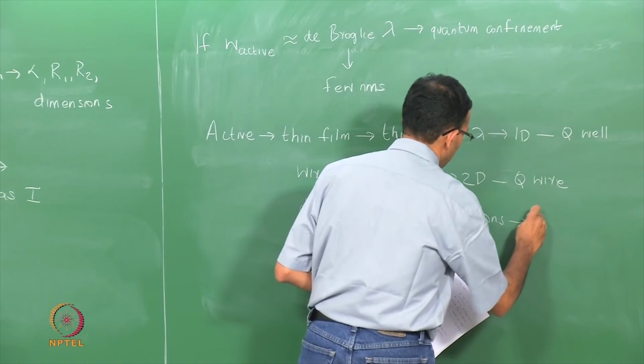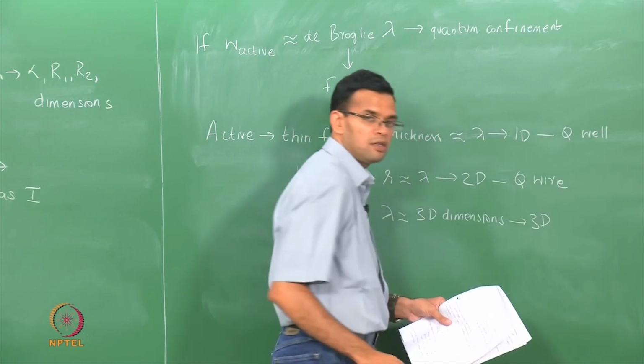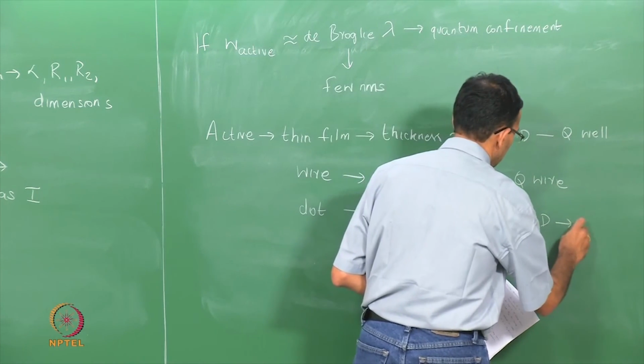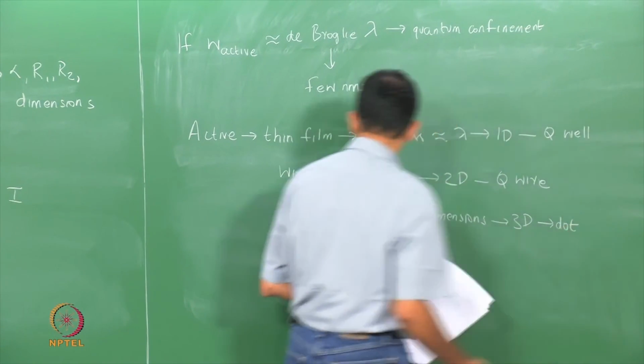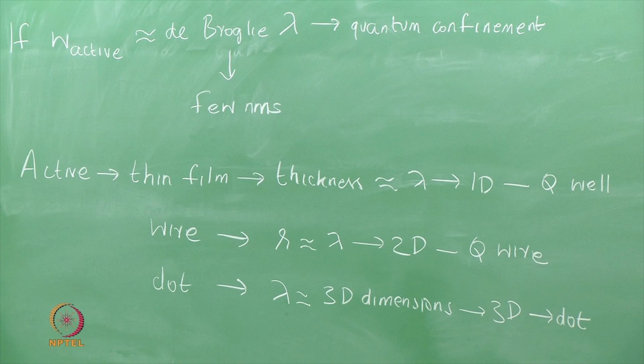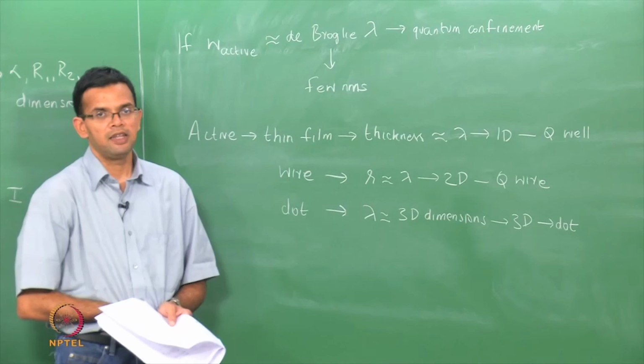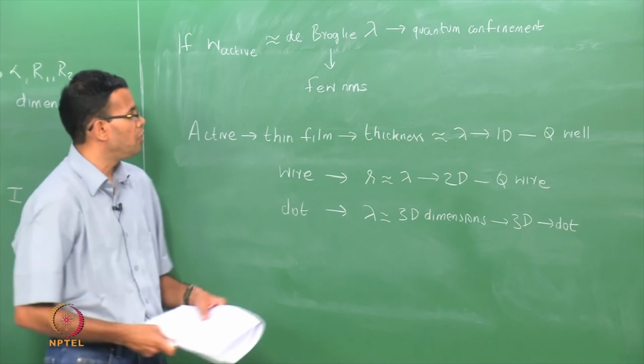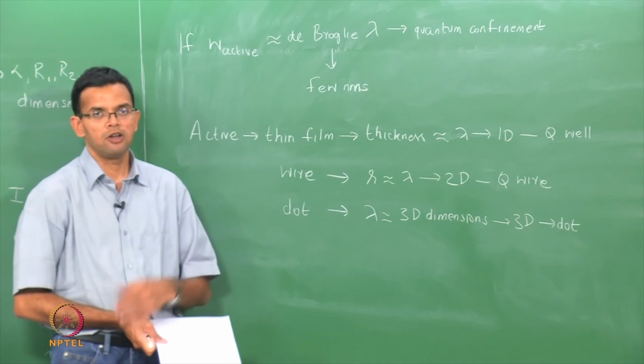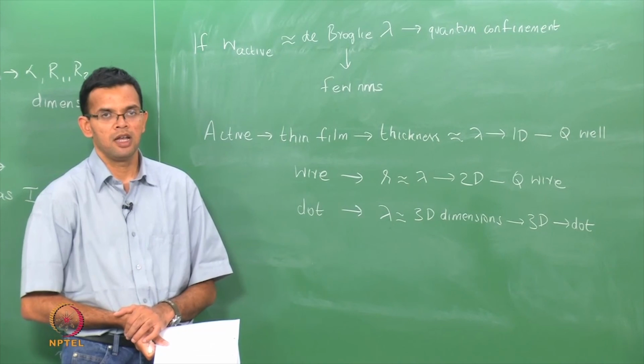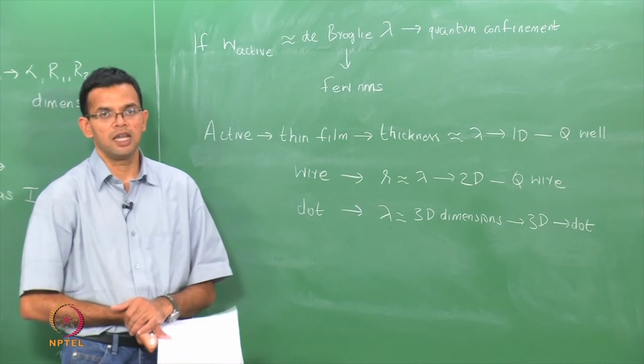So, now you have 3D quantum confinement, so you have a dot. Whenever you have quantum confinement, you have discrete energy levels, so that when you make quantum lasers, because you have discrete energy levels, it also leads to a much narrower line width.